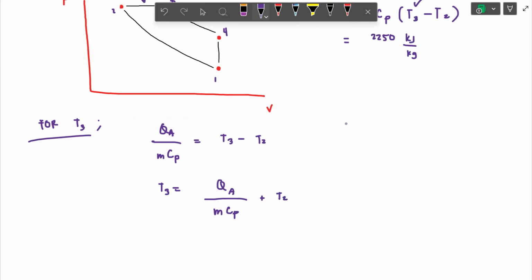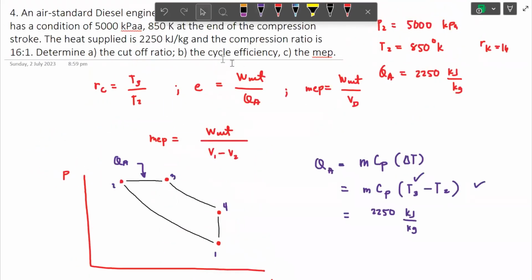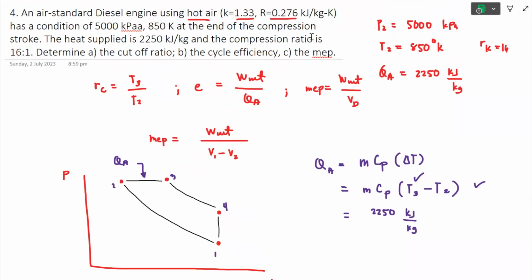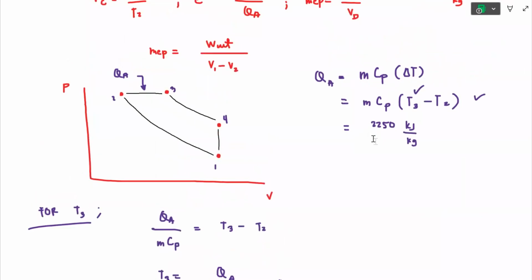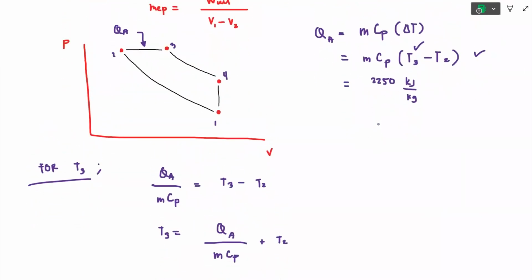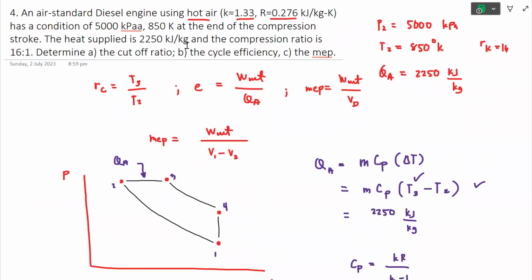Okay? Kung air standard siya, sir, magbigay siya dito ng k and R. Pwede kong masolve si Cp. Okay, recall nyo. Di ba si Cp is equal to kR over k minus 1. Okay? Bakit nagbigay ka dito?